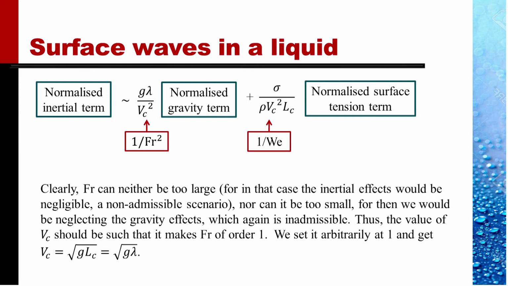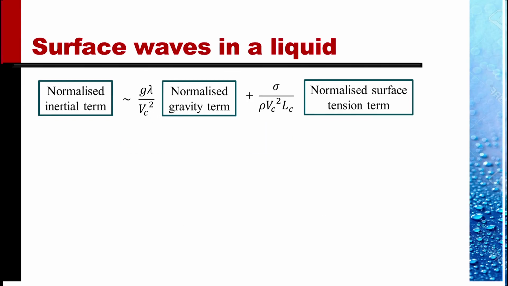We set it arbitrarily equal to 1 and get Vc as under root G Lc. And since Lc has been taken as lambda, the characteristic velocity is under root G lambda. If we use this as a characteristic velocity, then there would be only one parameter left, and that would be the Weber number.